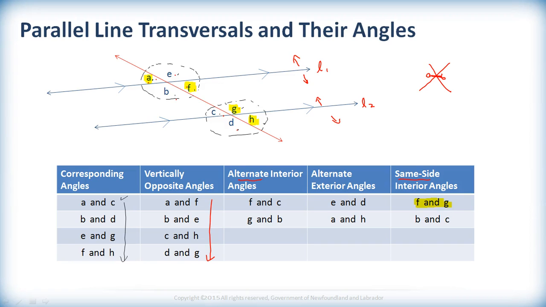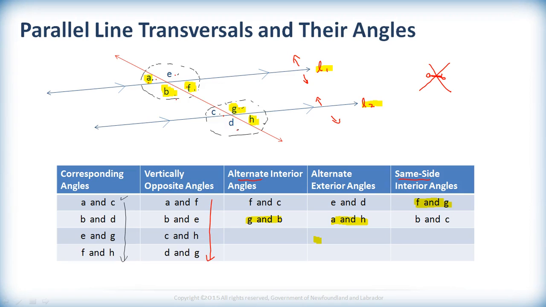So you see that A and H are listed here together as alternate exterior angles. Okay, if I wanted alternate interior angles, that's the last one that we haven't looked at yet, they would have to be two angles that are inside the lines L1 and L2 to be interior, and they have to be on opposite sides of the transversal. So for instance, B and G right here would be alternate interior angles.